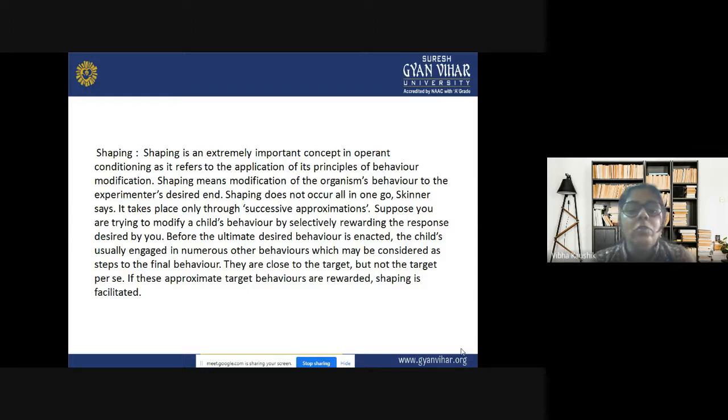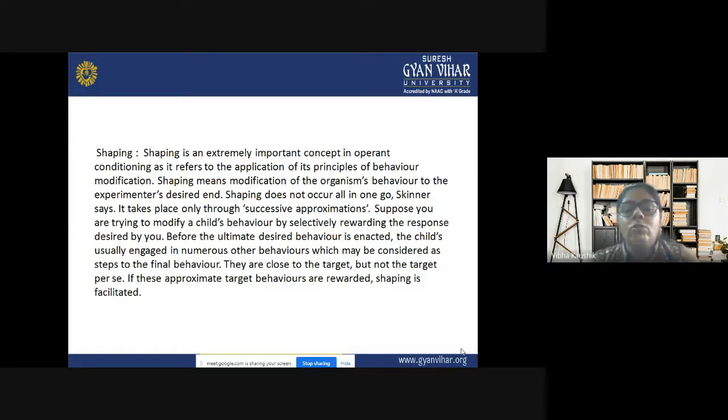The child usually engages in numerous other behaviors before the ultimate desired behavior that you want. These various other behaviors may be considered as steps to the final behavior, the desired behavior.